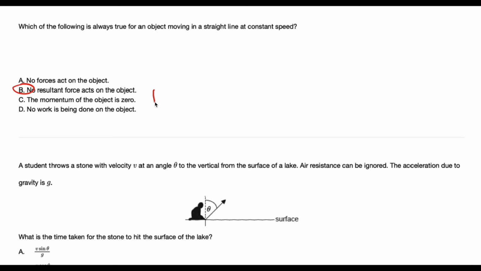This is wrong, because momentum is equal to mass times velocity. So the change in momentum can be equal to 0, but the momentum can be a non-zero value. No work is being done on the object. Work is equal to force times displacement times cosine theta. So this is also wrong.